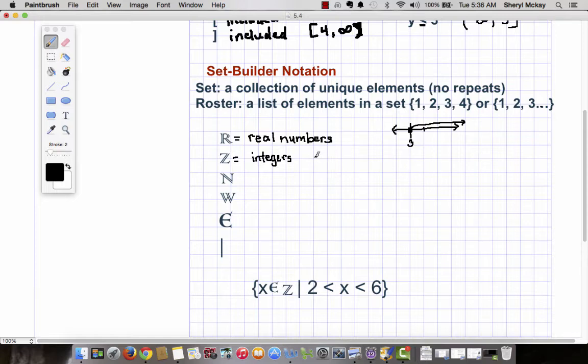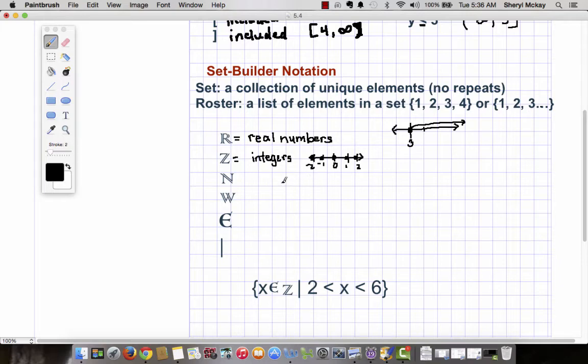Okay, so that's going to be things like, if I had a number line, 0, 1, 2, -1, -2. It's not going to be the stuff in between. It's just going to be those whole numbers without any fractions, okay?